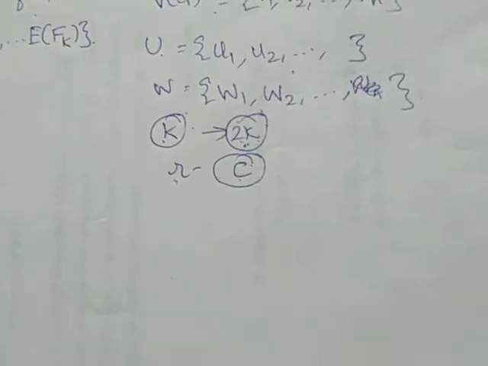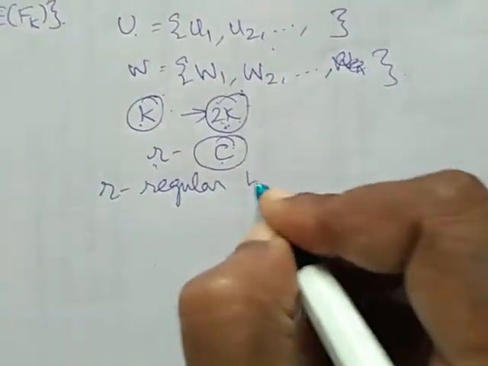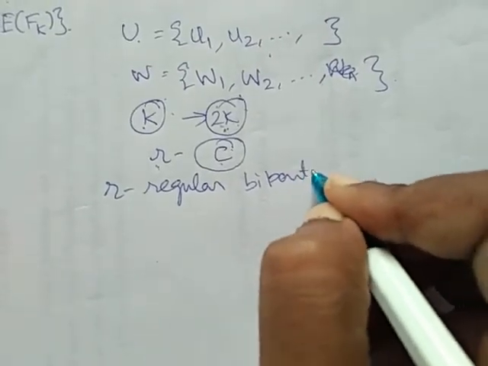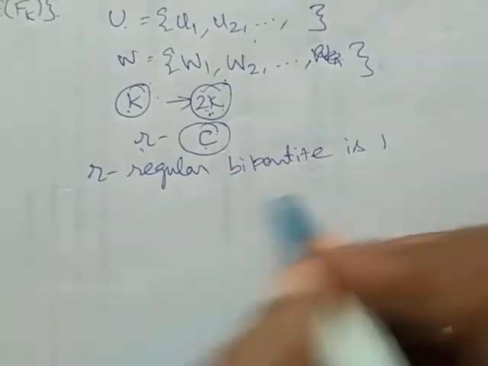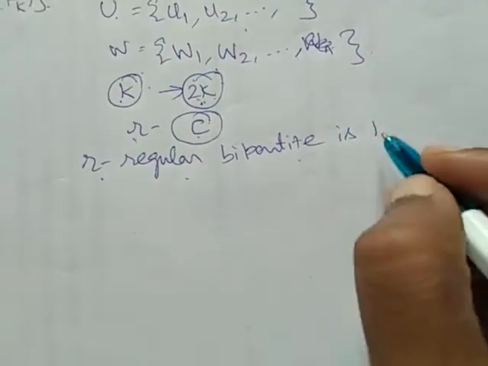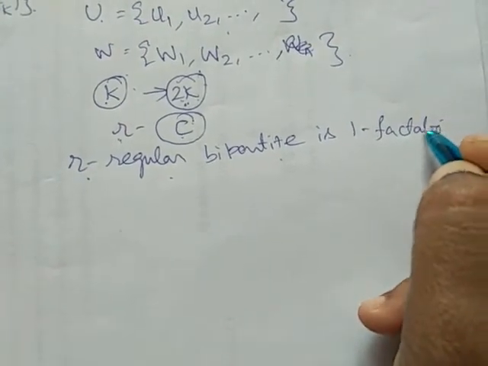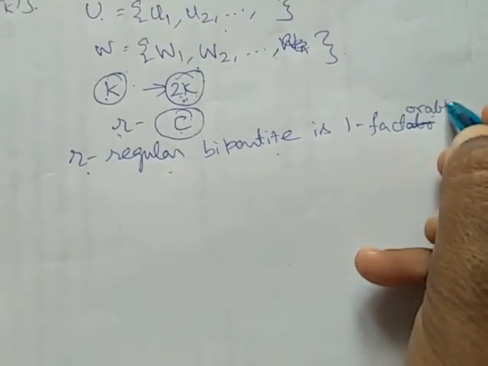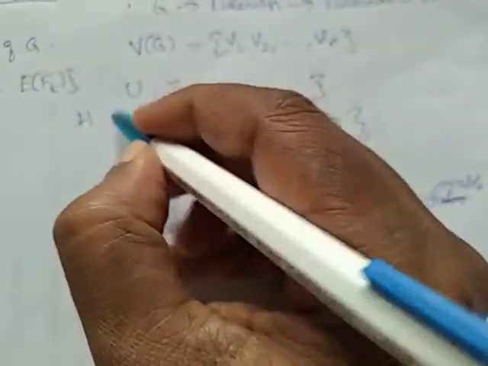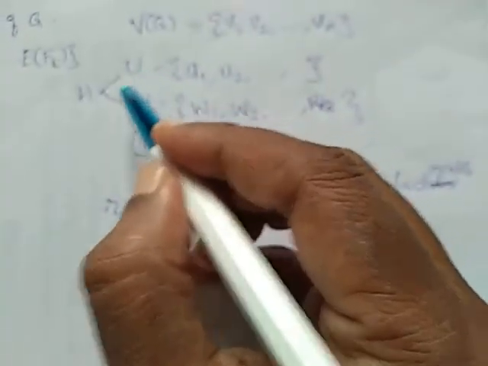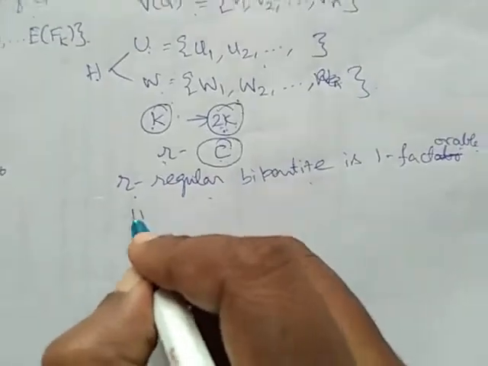Also, every R regular bipartite graph is one factorable. We already proved this in one factor. Every R regular bipartite graph is one factorable. Therefore, H is a bipartite graph whose vertices are divided into U and W. Therefore, H is one factorable.